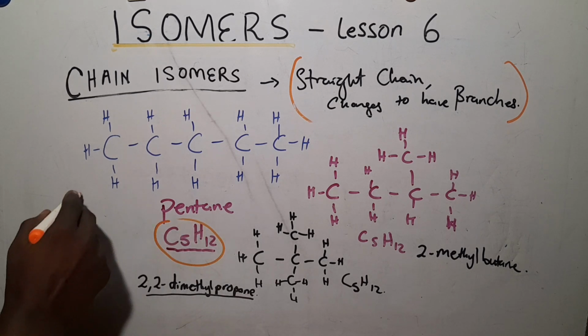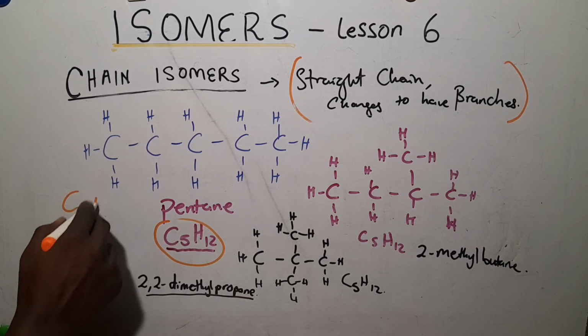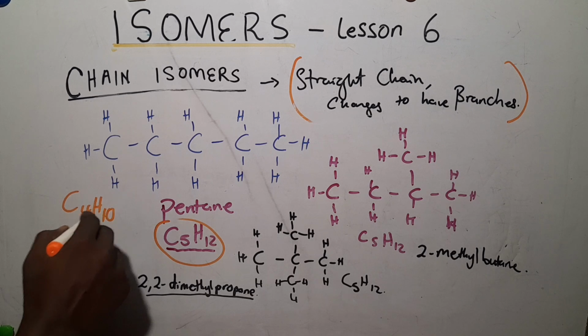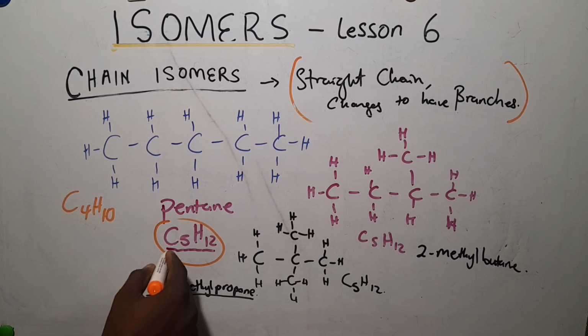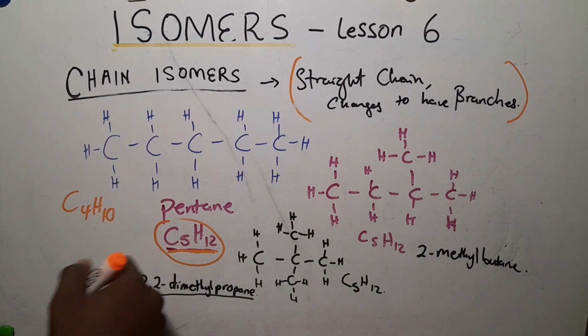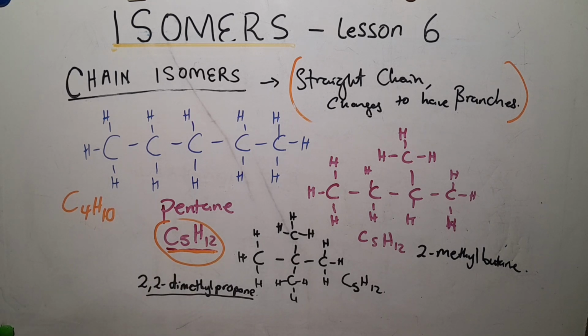As you saw, when we're having C4H10, we're having only 2 isomers. But now with C5H12, we're having 3 isomers of this molecule. So it means that if we increase to C6H14, we have more isomers, like that.